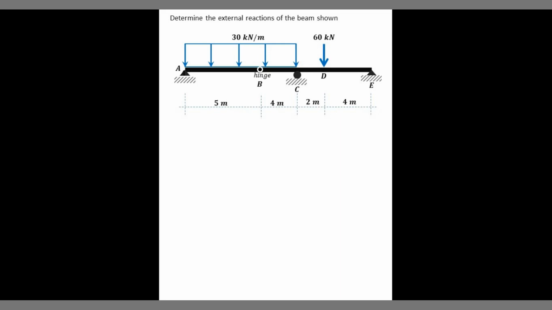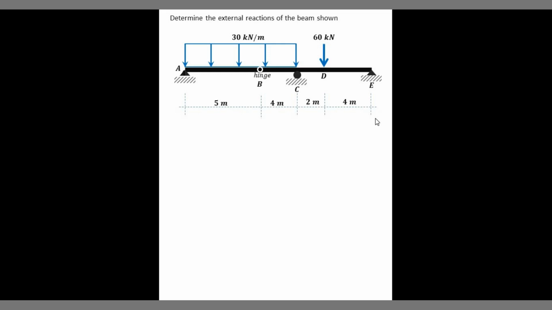So for this beam, you're required to determine the external reactions of the beam shown. Since we are in determinate structures, we usually use only three equations: the equilibrium equations, which are the summation of forces along the x-axis, the summation of forces along the y-axis, and the summation of moments.